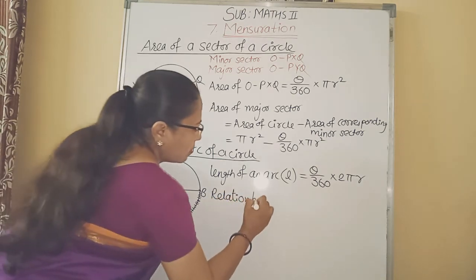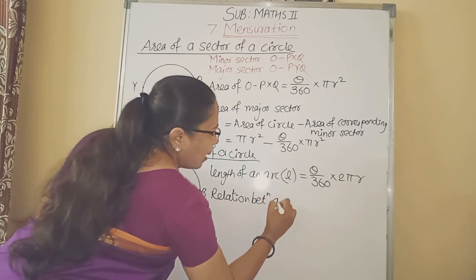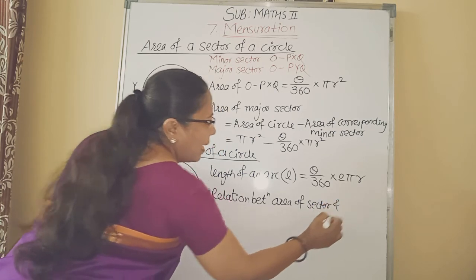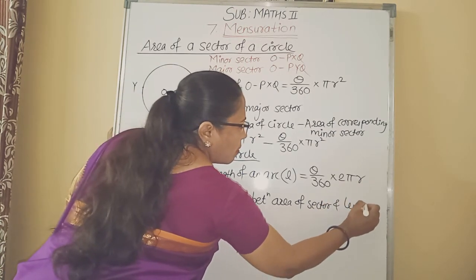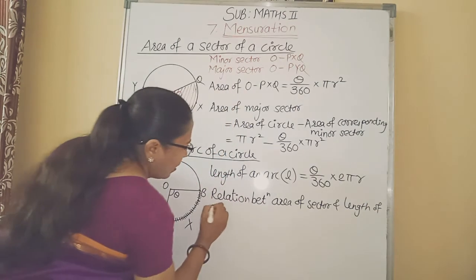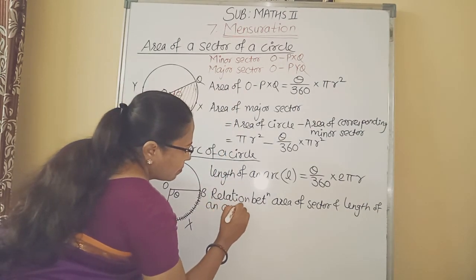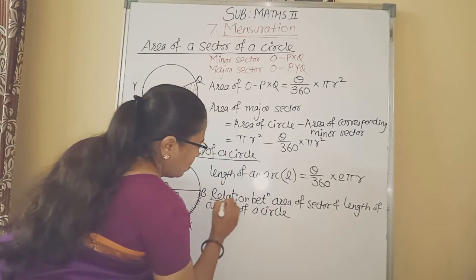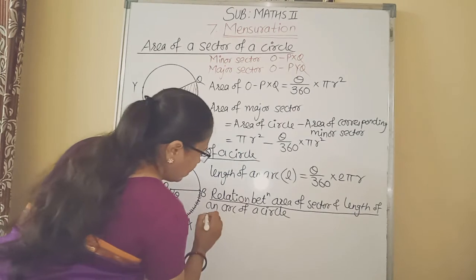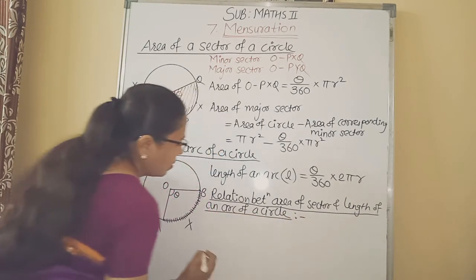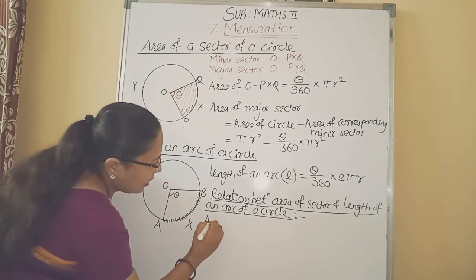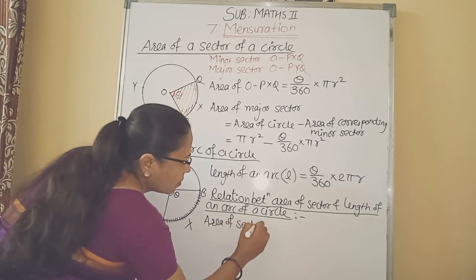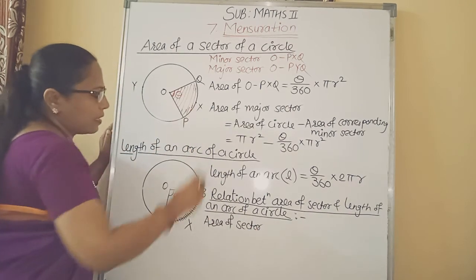Relation between area of sector and length of an arc of a circle. So that relation is area of sector. So obviously here we have to take minor sector.